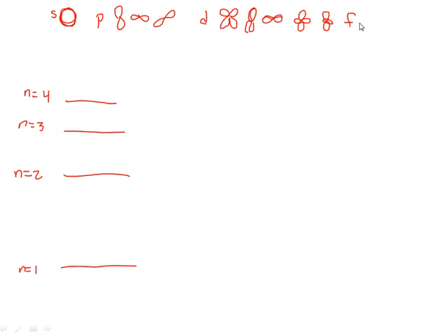And we have f orbitals, which I can't even attempt to draw, but there's 7 of them. Alright, so now all of these orbitals are not in every level, but there is a pattern.